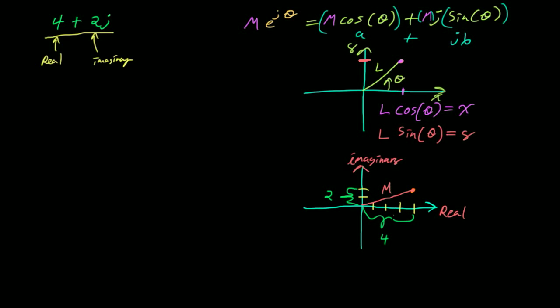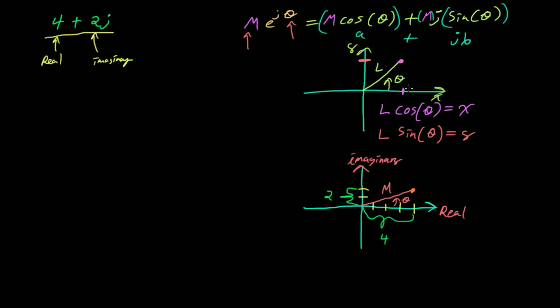I'm going to call that m, and at what angle, theta. If I can figure out what this m is, the magnitude, and what the phase angle theta is, that's exactly going to be my m and my theta here.